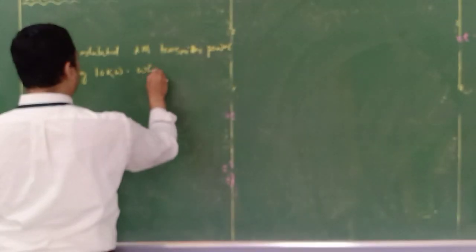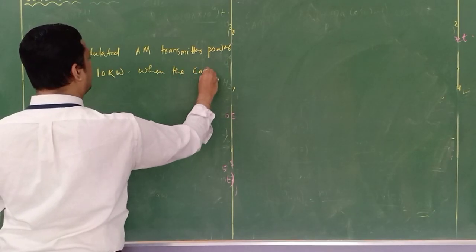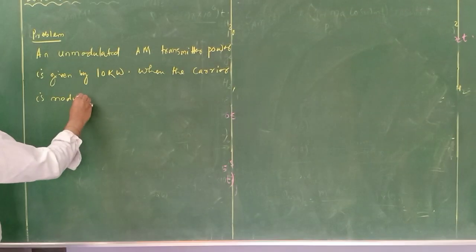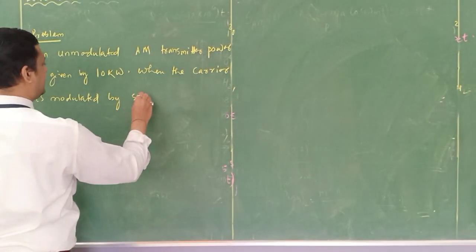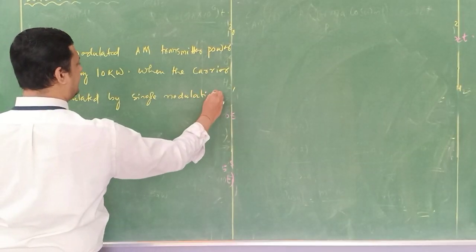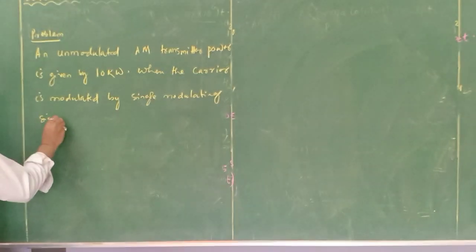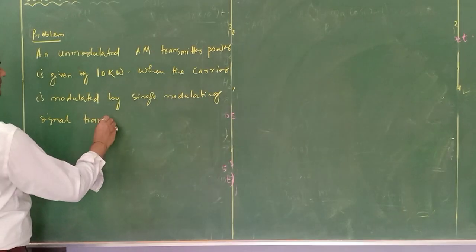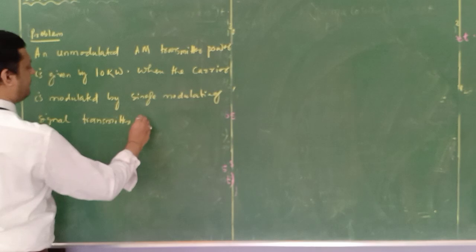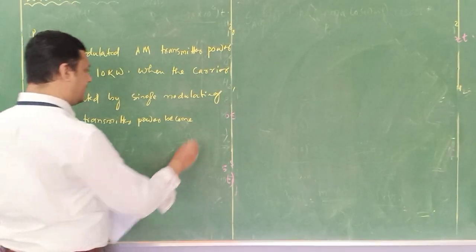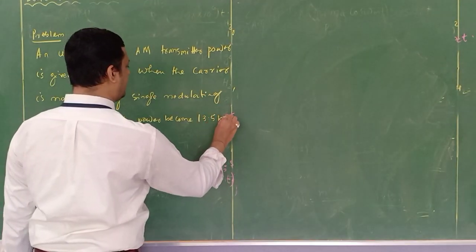When the carrier is modulated by a single modulating signal, transmitted power becomes 13.5 kilowatt.